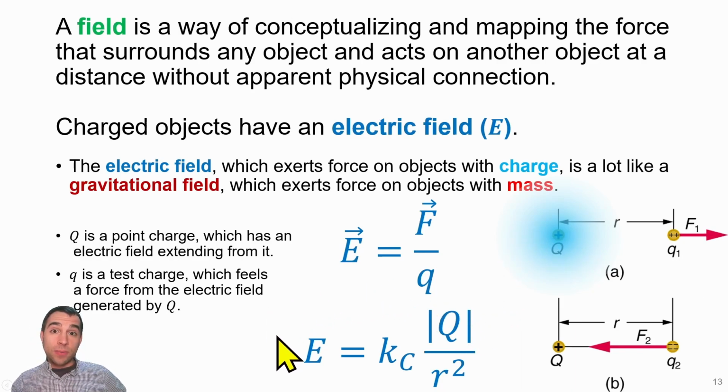So in this equation for the electric field, capital Q is used because that's the point charge that generates the electric field. In this equation for electric field, lowercase q, the test charge, is being divided out from the original electric force that was felt. So we're going to cover more about the electric field in our next unit, but you can begin thinking about this as a way of visualizing the forces that will be felt by charged objects.